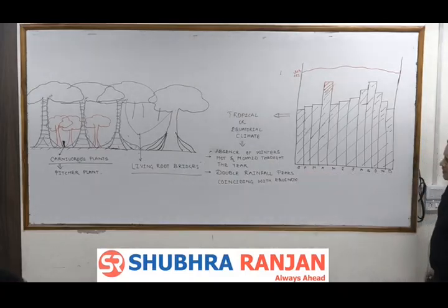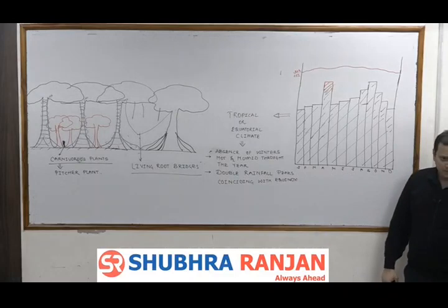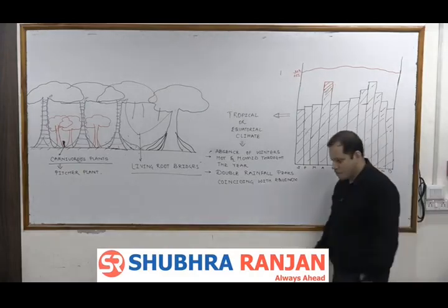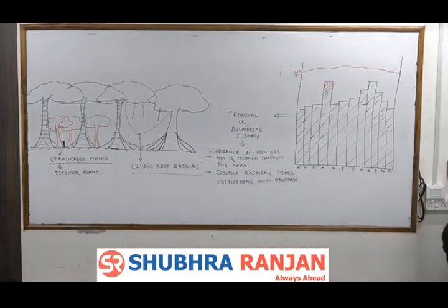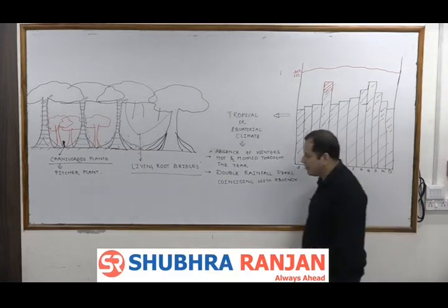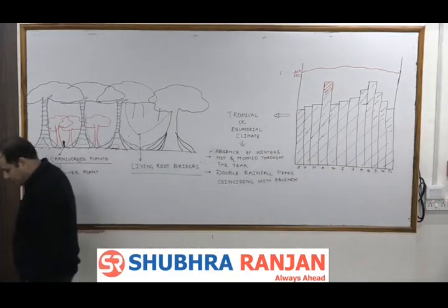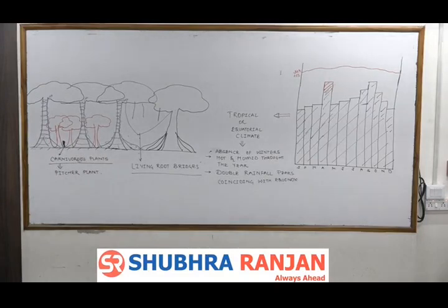Tropical evergreen forest has a characteristic arrangement of vegetation in different layers. The top layer grows up to a maximum height, which blocks most of the sunlight.